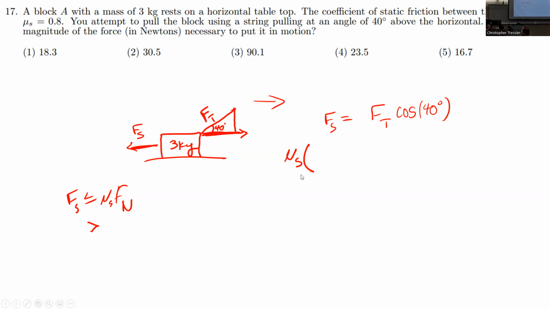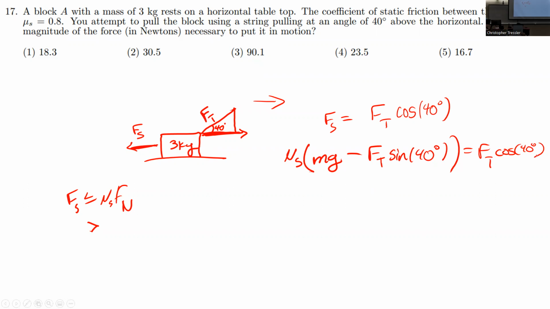It's mg minus the y component, right? Because the y component is going up, which means it's going against gravity, not with it. So we're going to do mg minus FT, and if this is cosine, this must be sine, right? And then equals FT cosine of 40.